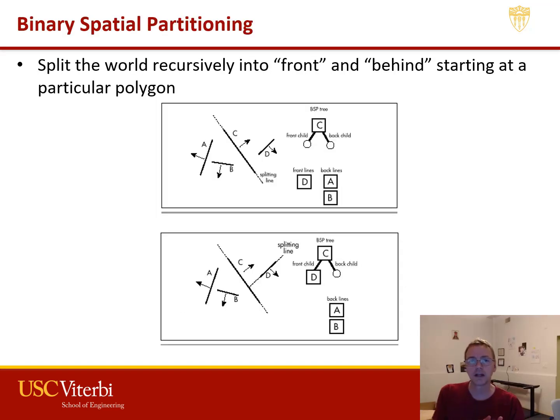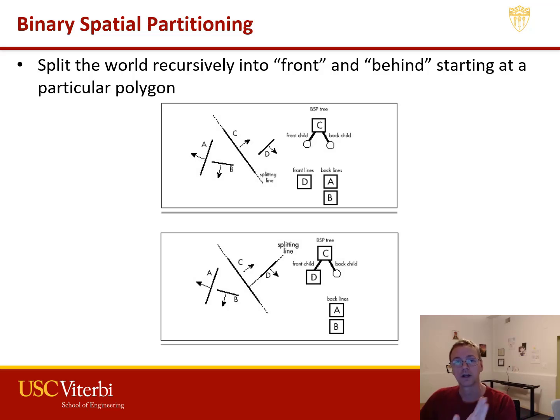So the last spatial partitioning algorithm I want to run past you is a very old one, dating all the way back to games like Doom, and it's called binary spatial partitioning, or BSP. A BSP tree is a binary tree. Like any binary tree you ever made, you just split things into a left branch and a right branch, and then they split and they split as you go down the tree.